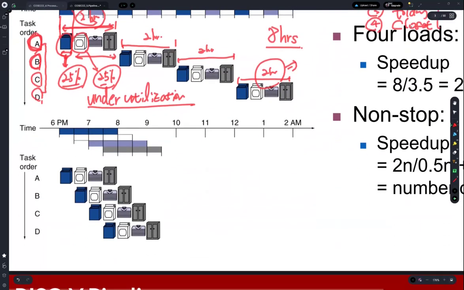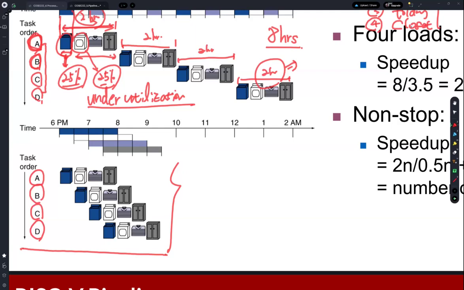So we can perform the laundry task in a pipelining manner. So what is the pipelining manner? You can observe this analogy.